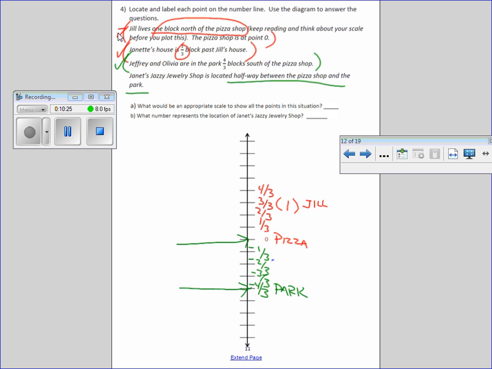Put the dot on the line. There it is. That is exactly halfway between pizza and park.